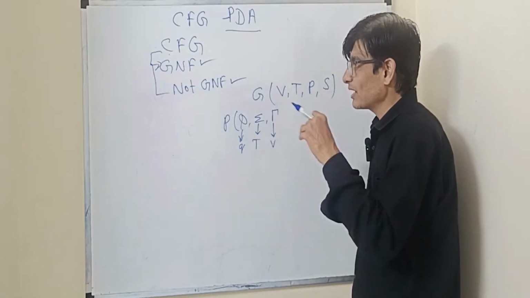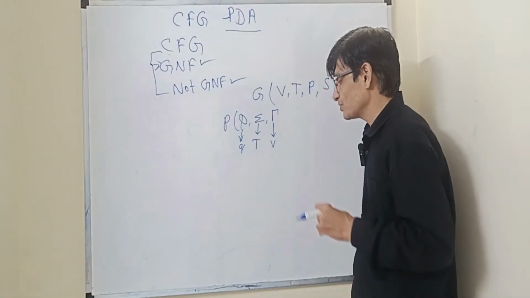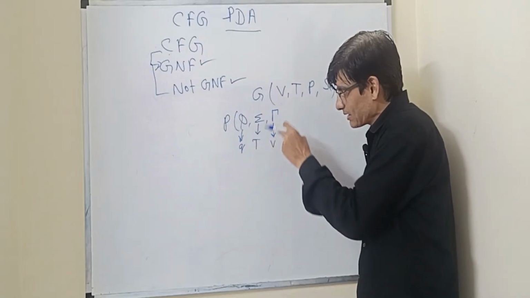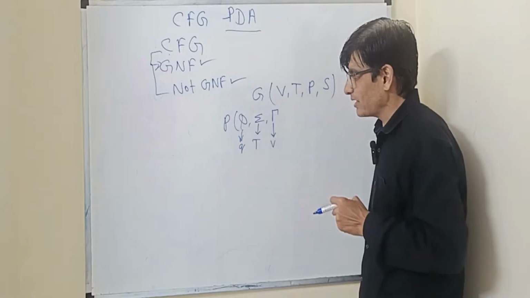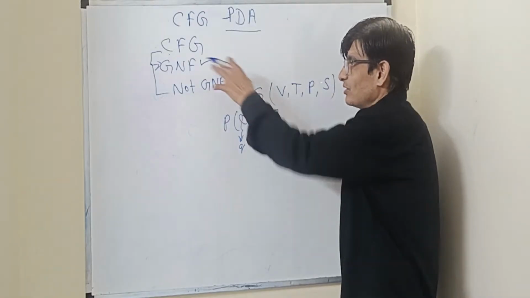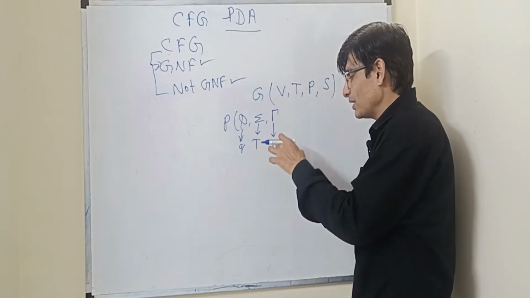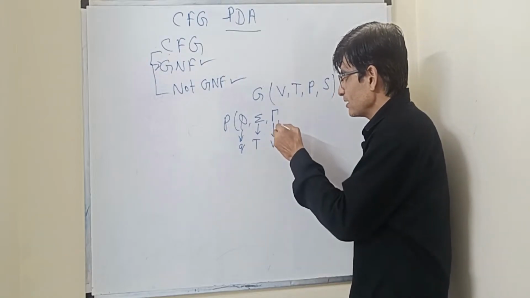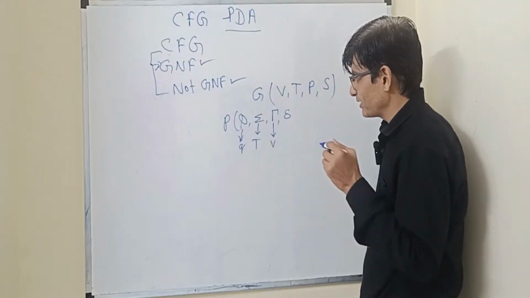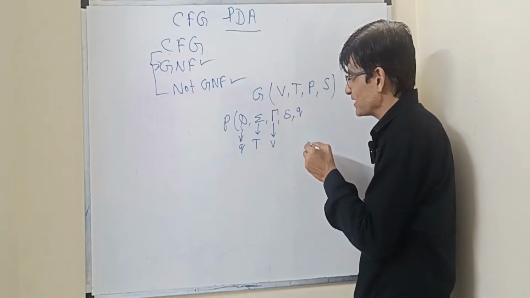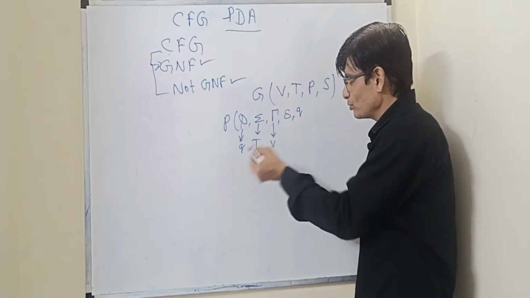In case your grammar is not in GNF, gamma was storing both variables and terminals. But when your grammar is in GNF, gamma will store only variables. Then we will write the transition, and in place of q0, only state Q will be there.